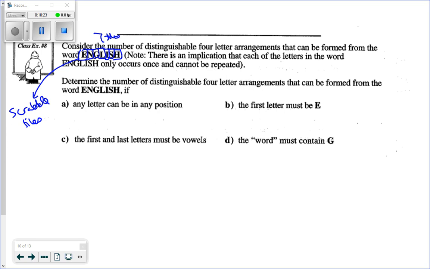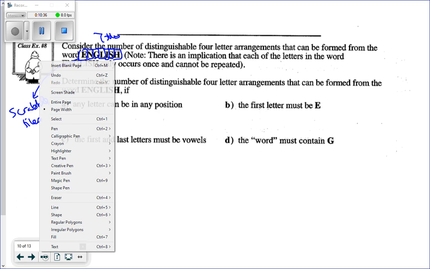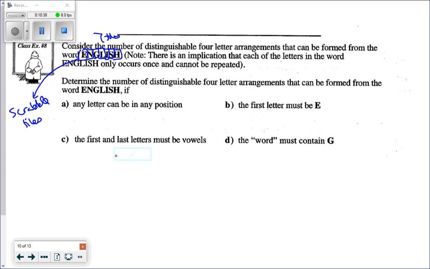Okay, so first thing you have to do is figure out how many blanks to draw. So go back and read the question. What part of the question is going to tell you how many blanks you need to draw? Right there.